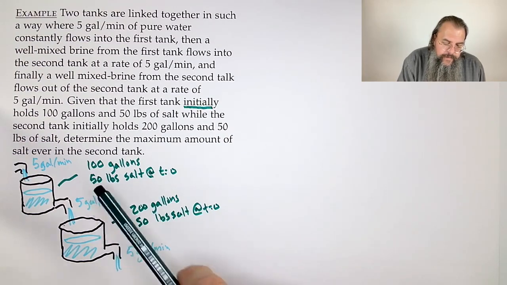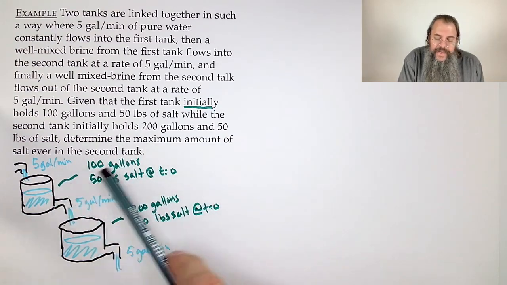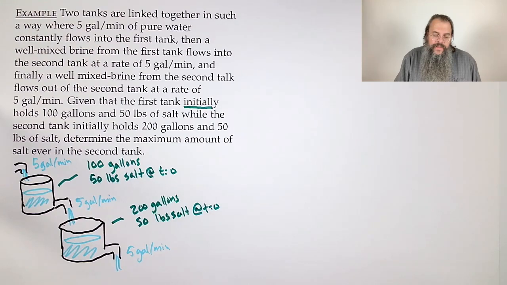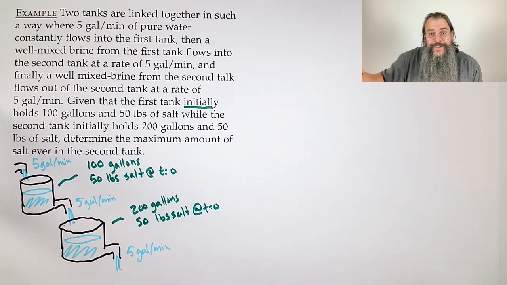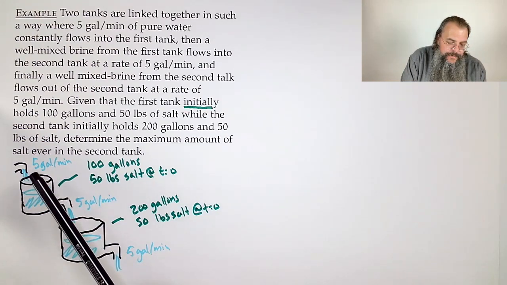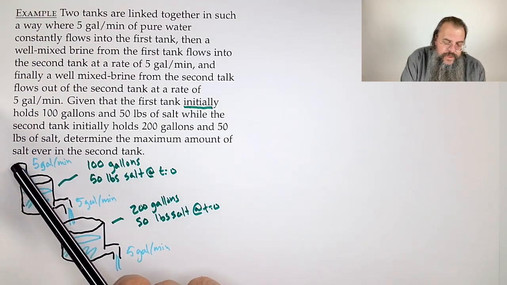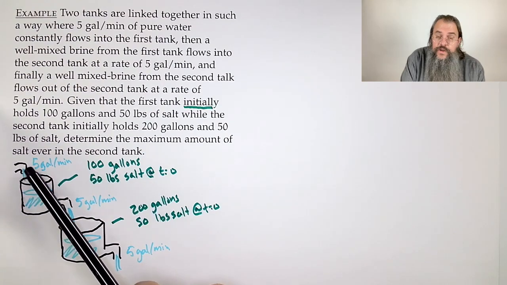And what's the question? Well, it says determine the maximum amount of salt ever in the second tank. So is this question answerable? Probably yes. Does it make sense to ask this kind of question? Well, what will happen in the very, very long run? Let's think about just here. This coming in is pure water.